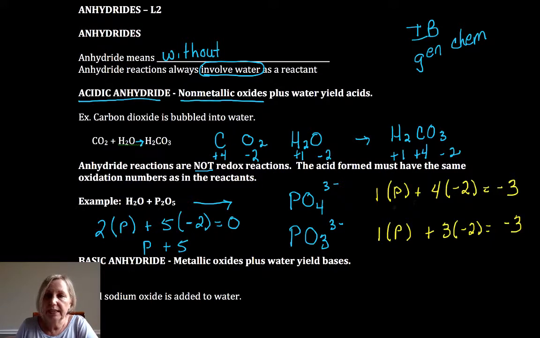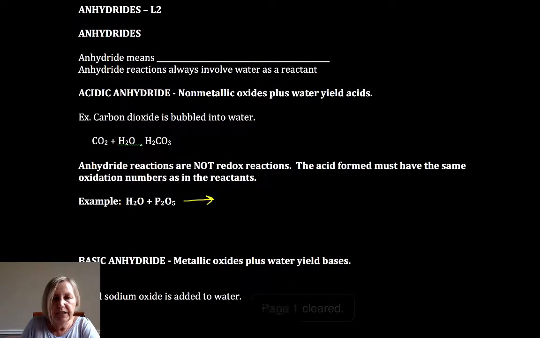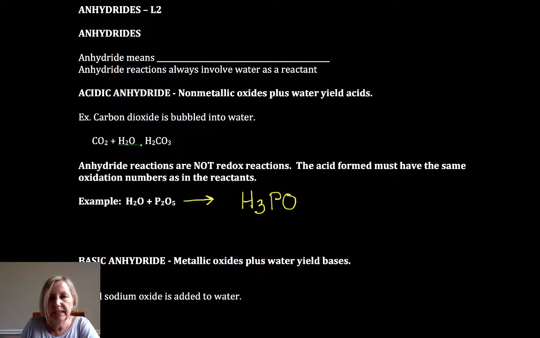So hopefully you can see from this that the phosphorus here is +5, and the phosphorus here has an oxidation number of +3. So we're going to choose the acid that would have the +5 oxidation number. So when we add water and P2O5, the acid that forms is H3PO4.